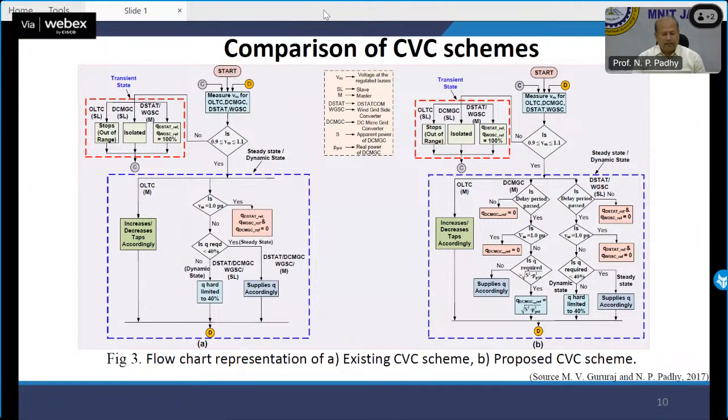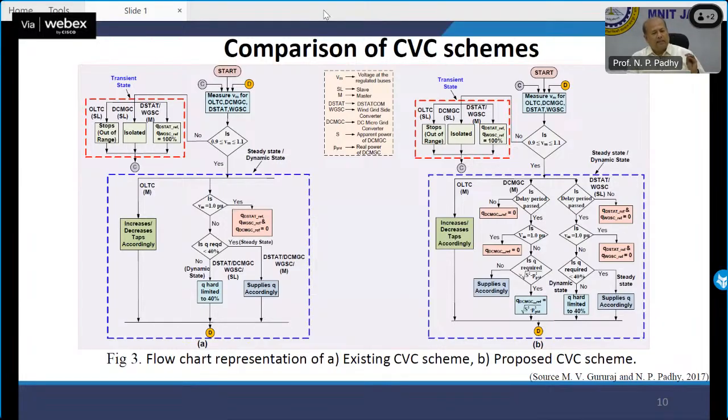So once I measure, then I have to check whether the voltage is within the limit, that is 0.9 to 1.1. If it is yes, that means my job is done. If it is no, then I have to move to the OLTC, DC microgrid, and D-STATCOM. There I have to make sure that the OLTC is operated as desired, the DC microgrid must operate as desired, and the D-STATCOM must operate as desired.